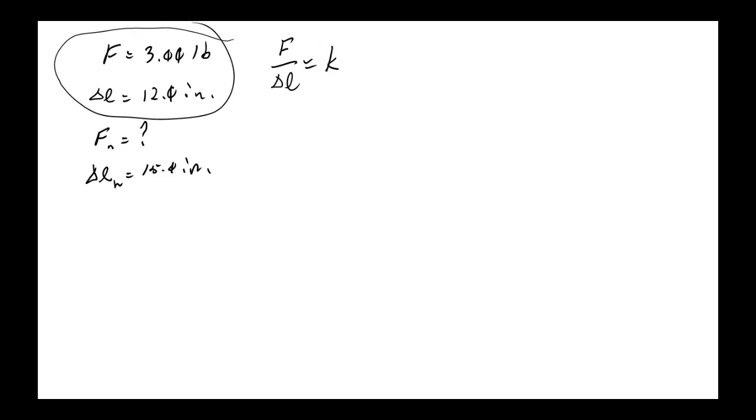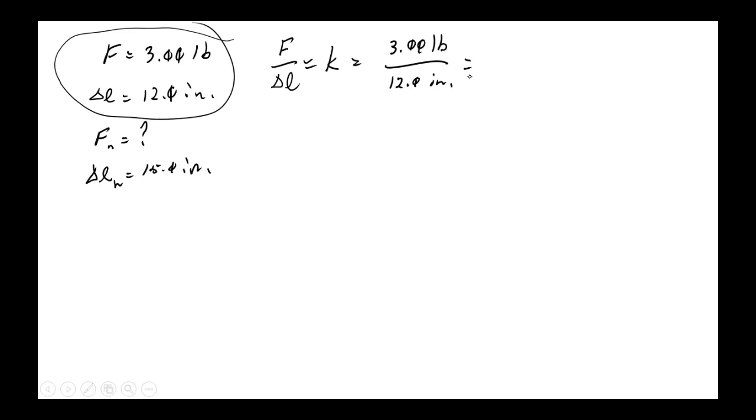Okay? And we know, I've got to sneeze, sorry. Sorry, I'm right under a vent here. All right, so that is going to be 3.00 pounds divided by 12.0 inches. And what does that come out being? I think you can do that in your head, basically.